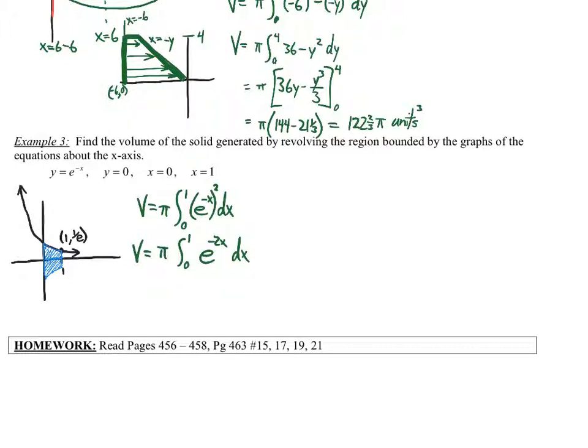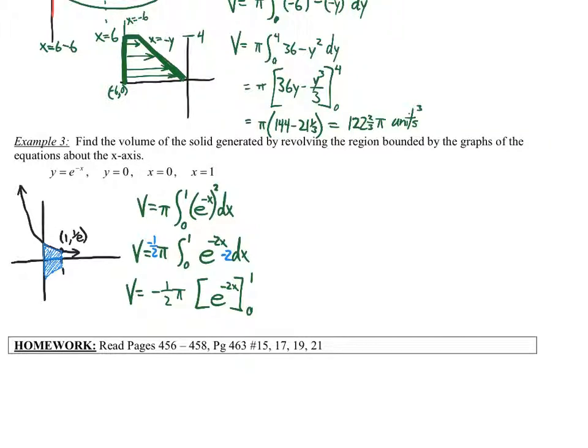So now we have a little bit more work to do with our u substitution. We have negative 2 dx, so we need a negative 1/2 out here. So now our volume is negative 1/2 pi e to the negative 2x evaluated from 0 to 1.